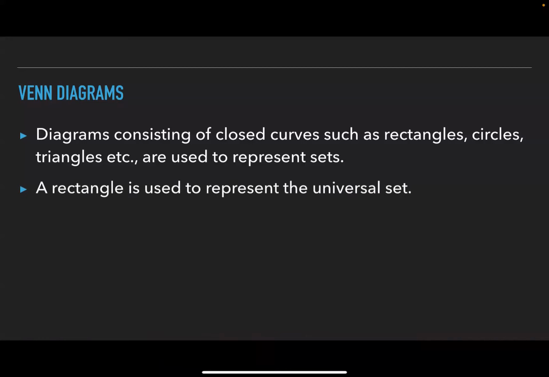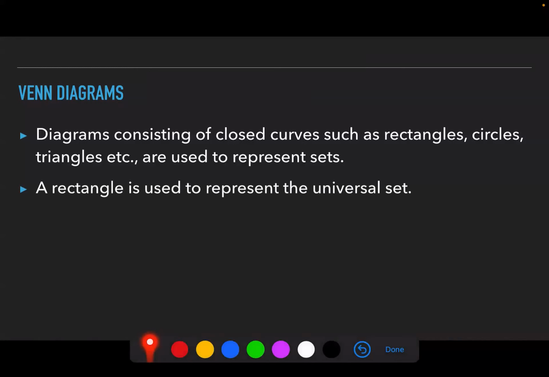Now, a rectangle is always used to represent a universal set. You will always have some set which might contain other sets. For example, if I take real numbers, we can say it contains all rational numbers. When it comes to rational numbers, the real numbers set can be taken as the universal set.